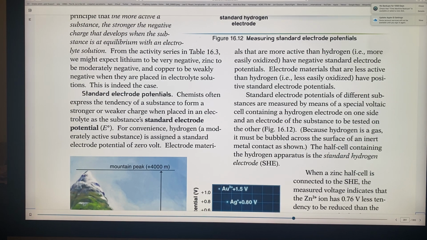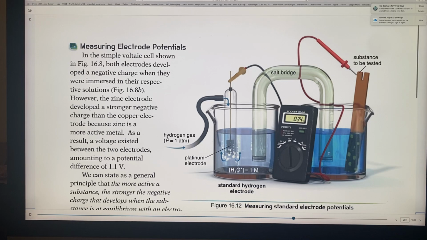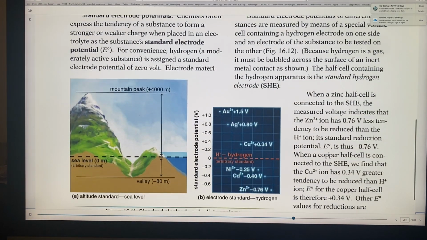They always have these names. So we're putting the SHE in here, which is the standard hydrogen, and we're bubbling the gas through, and then we can get the measurement of what the voltage is going to be for zinc and for copper later. We're doing both. This is the SHE standard. And that's how they do it.